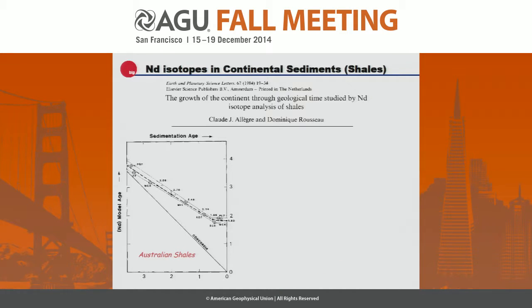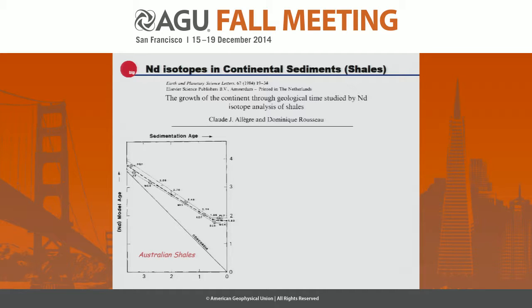And so this is not new. Everything is about recycling here. What we did here is we exhumed a paper from the 80s by Allègre and Rousseau. All the good stuff was done in the 80s, and this is a good example. So what I did here is just use the neodymium isotope composition of shales from Australia.